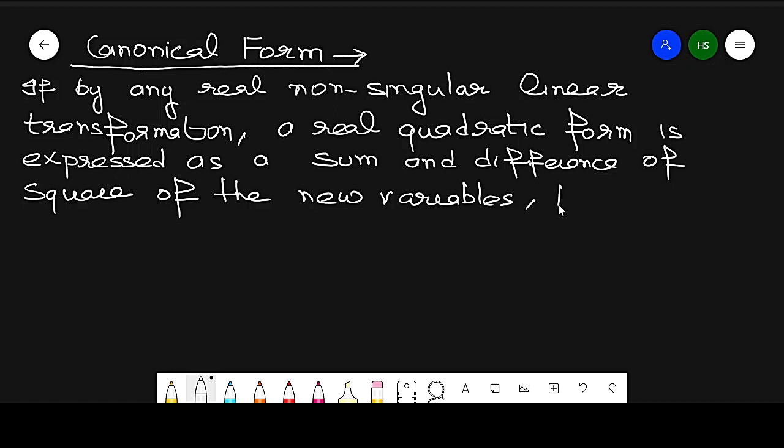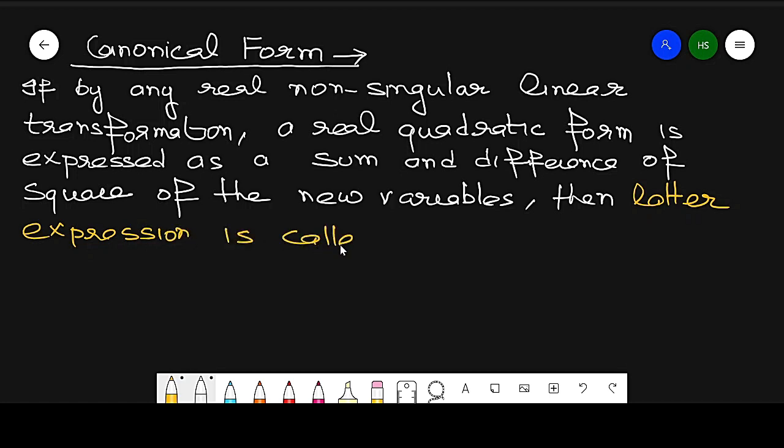then the latter expression is called canonical form of the quadratic form.